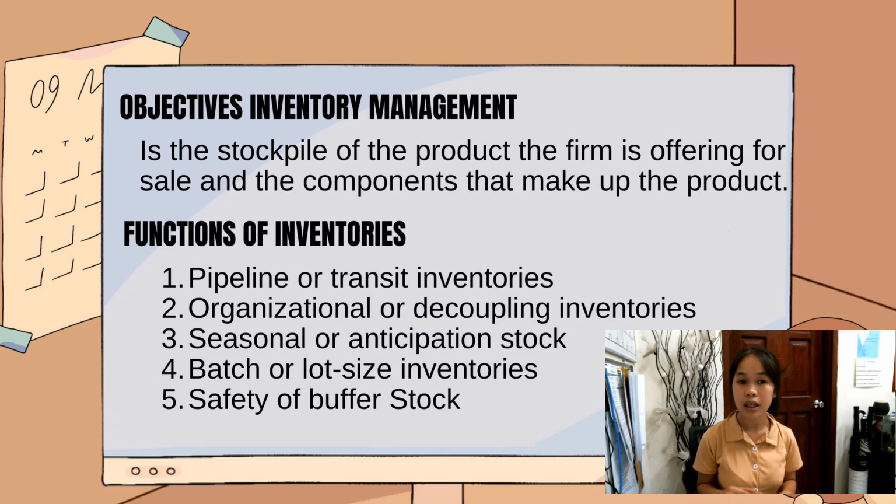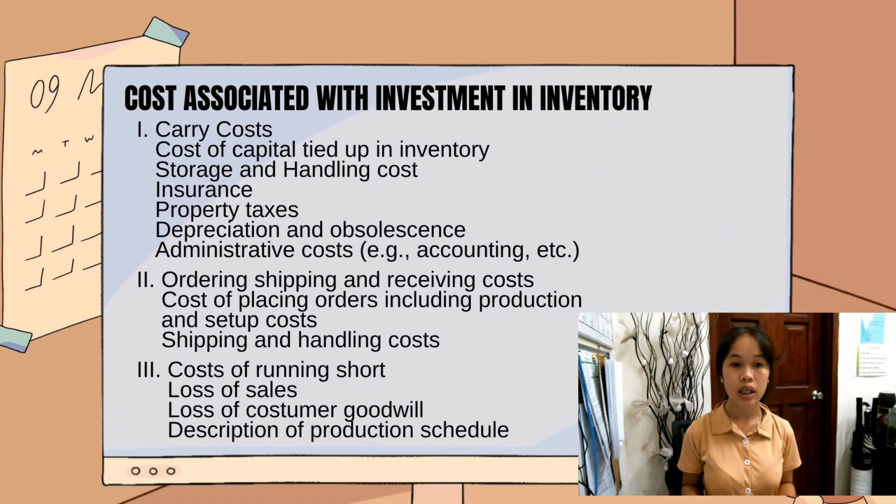This inventory is maintained to protect the company from uncertainties such as unexpected consumer demand, delays in delivery of goods ordered, etc. Next is cost associated with investment in inventory.